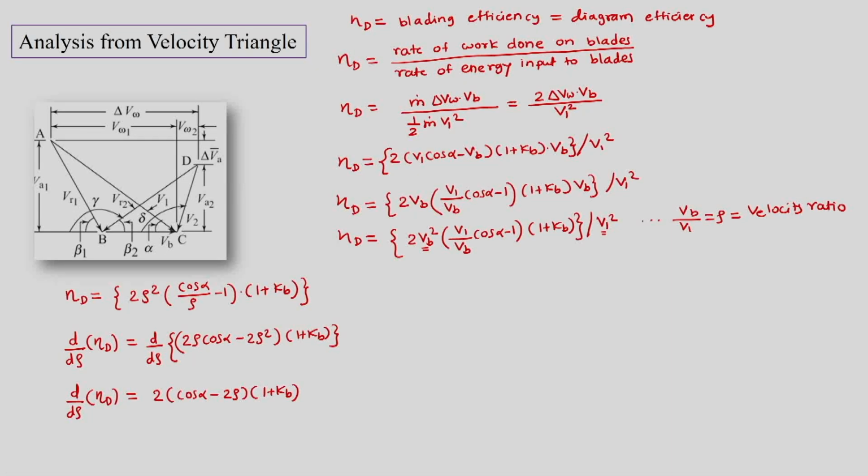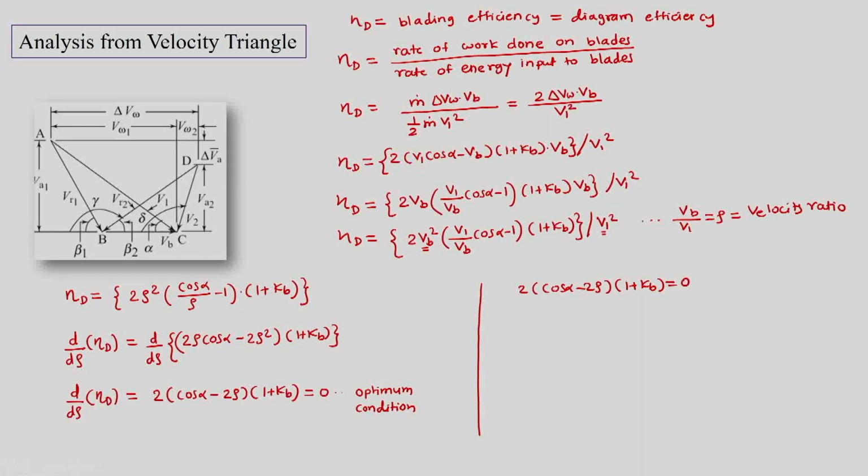So this leads to the fact that for an optimum condition of rho, this should be equal to 0. So at the optimum condition we will have 2 into (cos alpha minus 2 rho) into (1 plus KB) equal to 0.